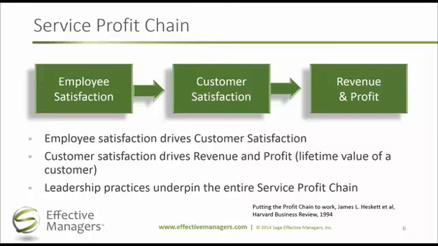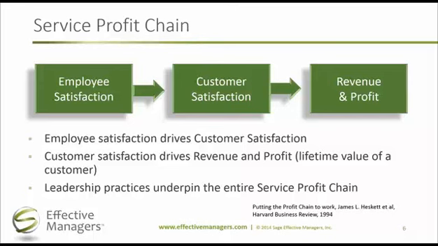So the first point is this slide here, the service profit chain. I always like to start with this one because it's groundbreaking research. It was first published in 1994 by James Heskett in Harvard Business Review. He's a professor at Harvard University. And it's in every manager's toolkit.